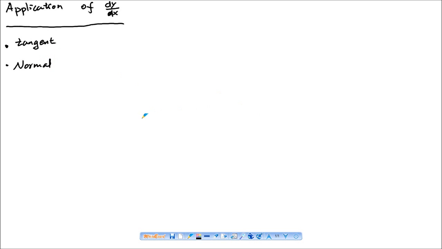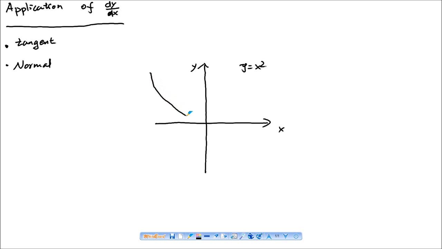For example, if I have a graph and a function, I use y equals x squared as an example, looks like that, and x belongs to R for the domain.